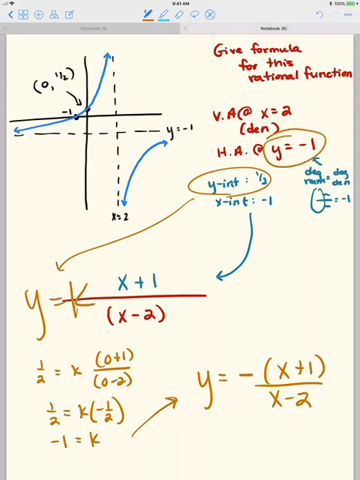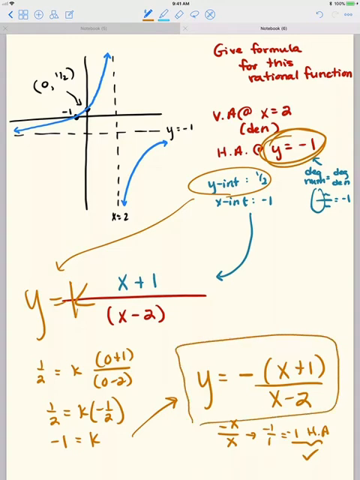And also, this y equals -1 for a horizontal asymptote. If you pull leading terms of -x over x, -1 over 1, you'll get your horizontal asymptote at -1 like we need to have for this function. So final answer here is negative of the function x plus 1 over x minus 2.